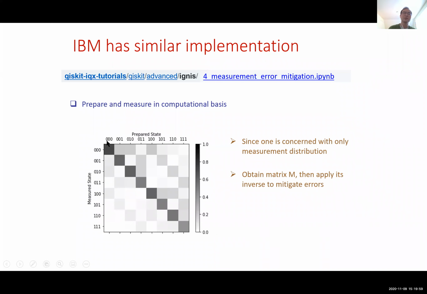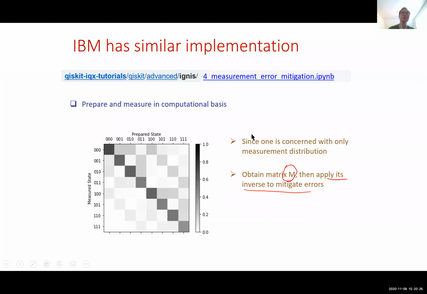So let's say they prepare 0, 0, 0, and they measure all 3 qubits also in the same basis to see what is the probability of getting 0, 0, 0, or 0, 0, 1, etc. And then they complete this table. It's very similar to our matrix M. And they also have a function to apply the inverse to mitigate error.